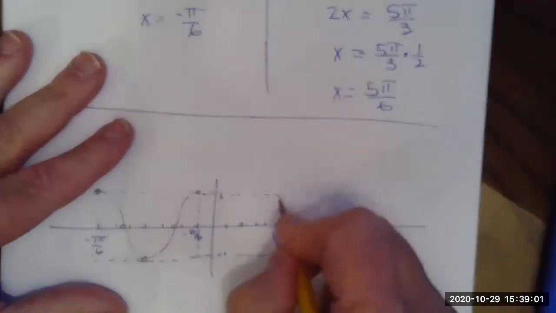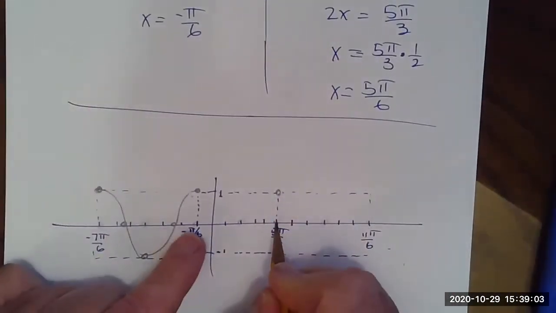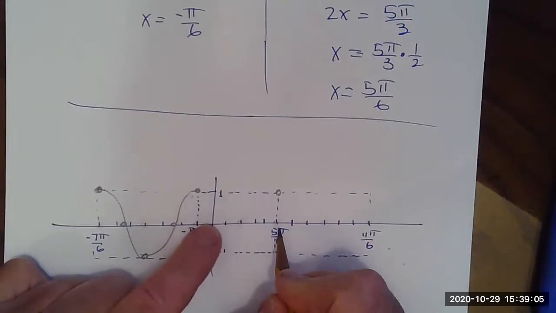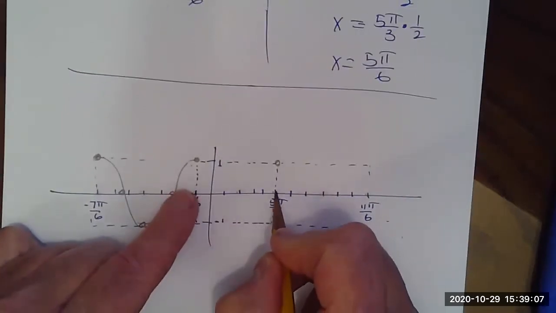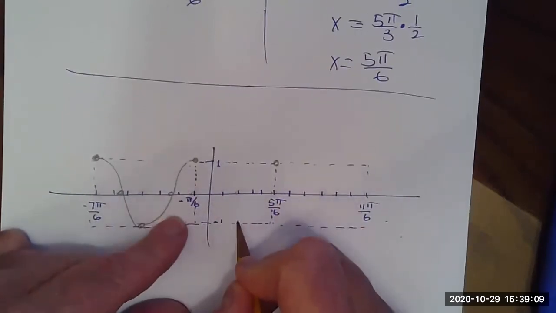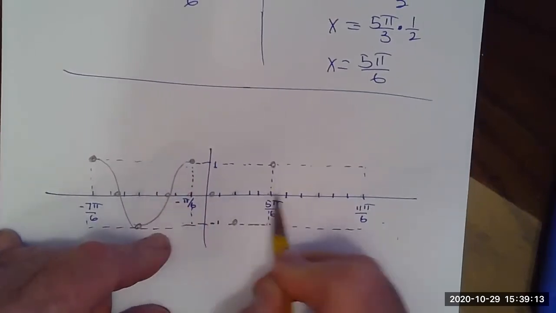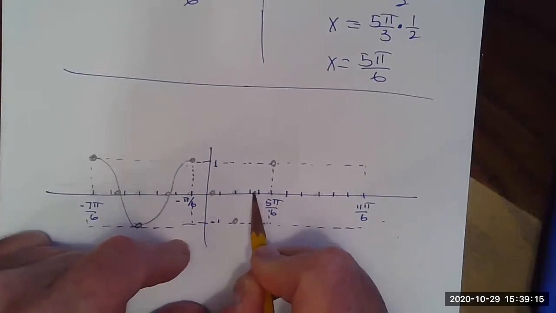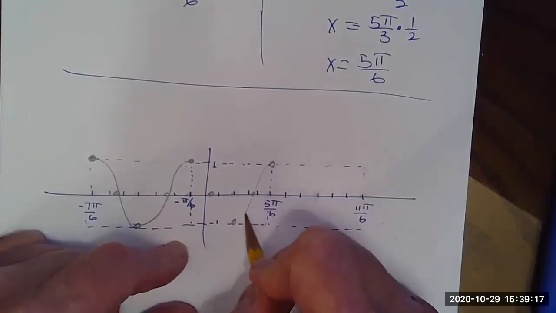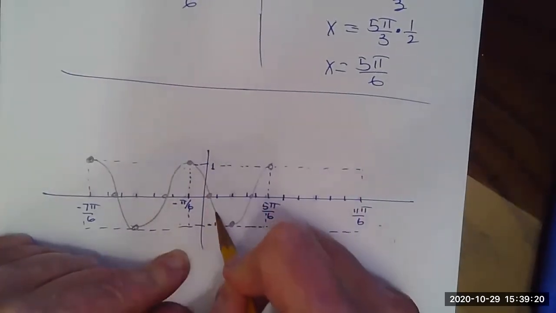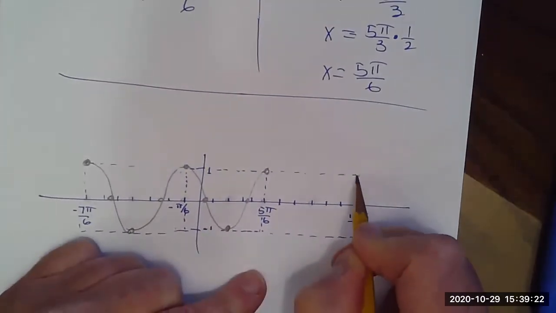Okay, keep doing it. Here gets a little hard right here to see. Don't forget the origin right there is a tick mark. Okay, so you go here, here, right here, halfway in between. Okay, halfway in between is right here. Halfway in between is right here. Okay, right here.